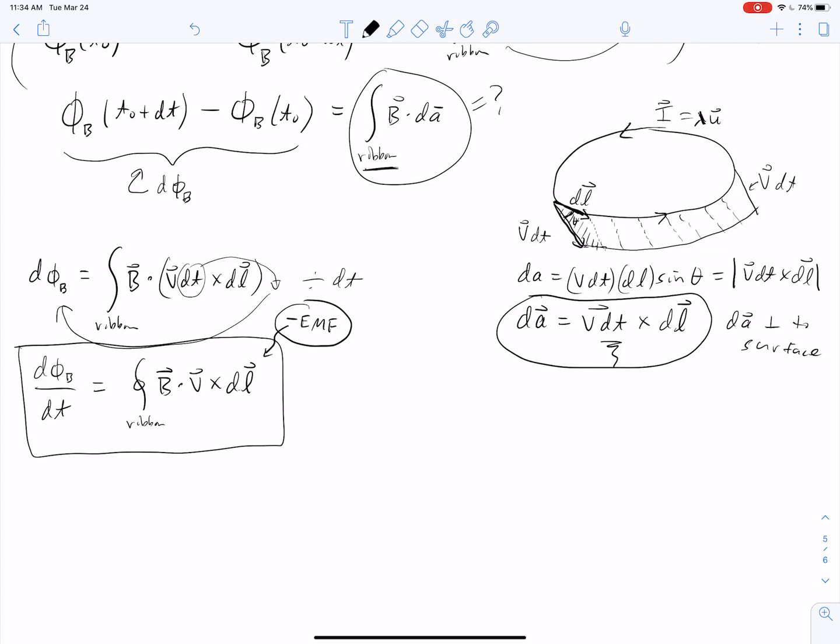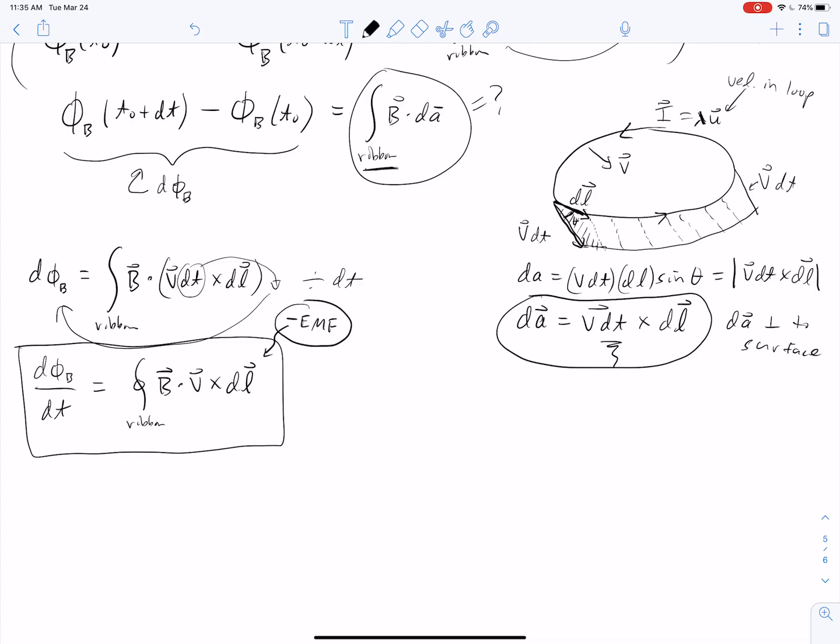Let's go back to the drawing, and let's notice that the charge carriers in the loop, the velocity is u. That's the velocity of a charge carrier in the loop. But notice that the loop is also moving through space with this velocity v.